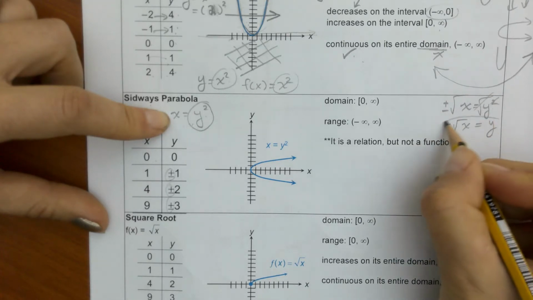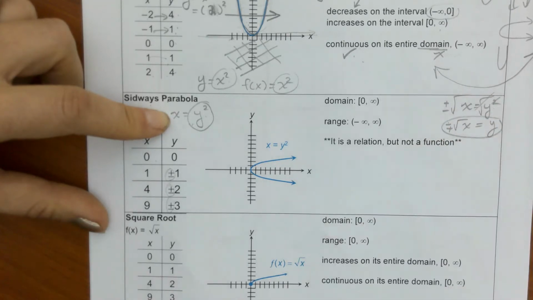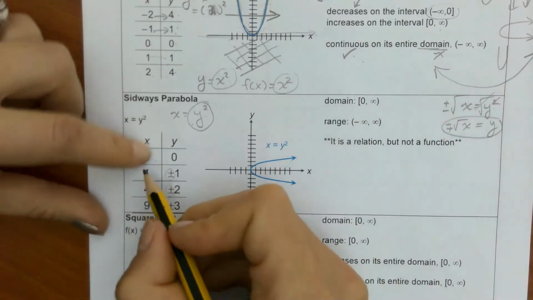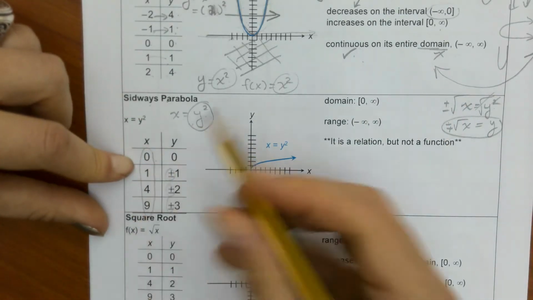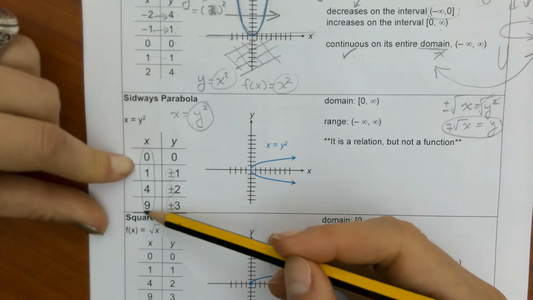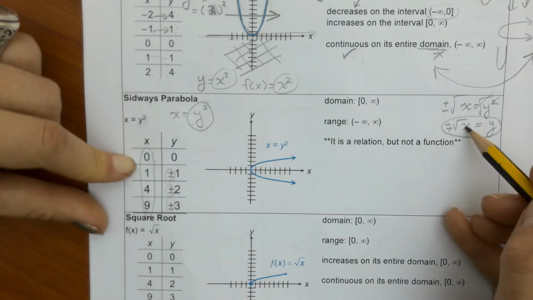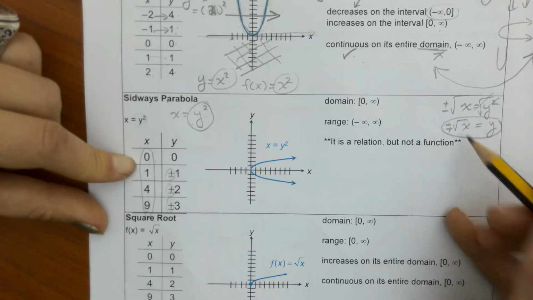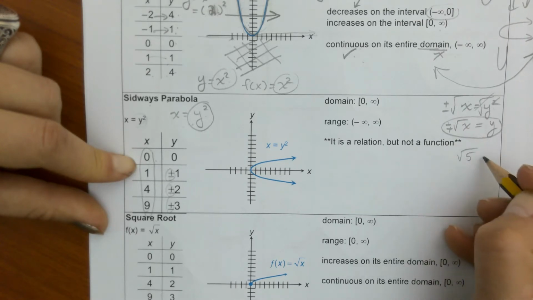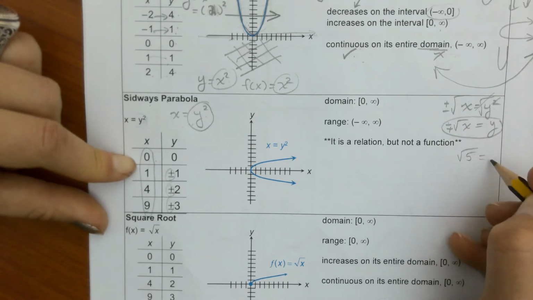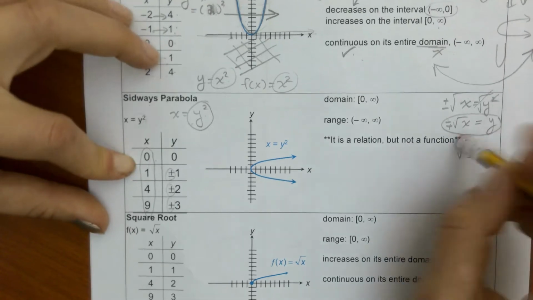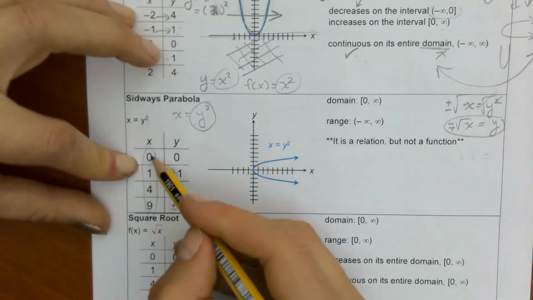Okay? Alright. So, I picked nice numbers because it's squaring here, and here it's square root. If I want to take the square root of 5, it's going to be yucky. It's not a nice number. So that's why I picked nice numbers.